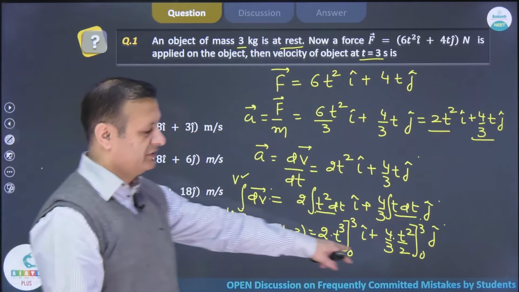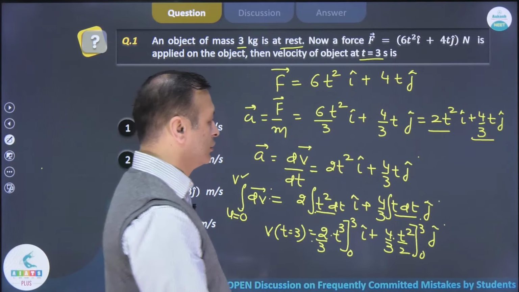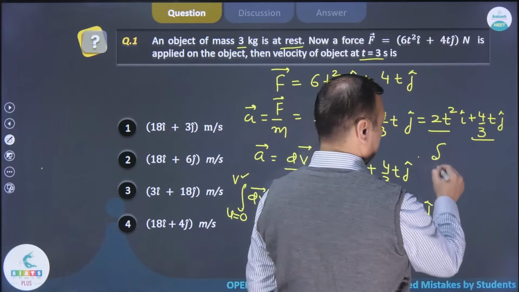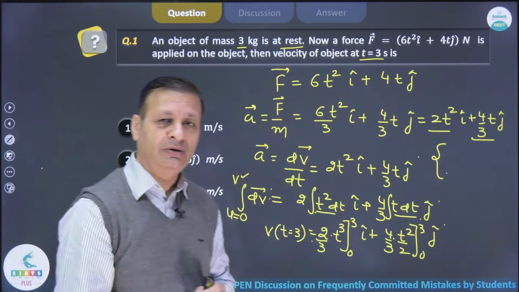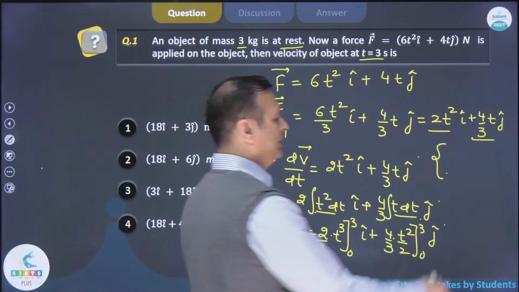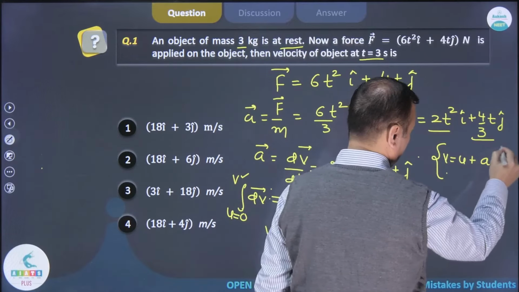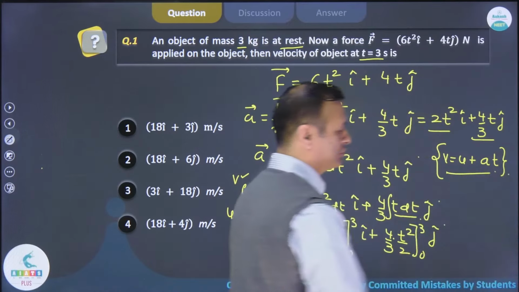I hope this step is clear to everyone and why we are following this. Had your acceleration been uniform, then definitely this would have been the expression.